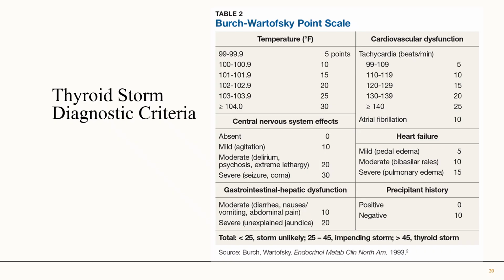We're looking for any kind of history, and the culmination of the points obtained from each section assessment results in a total that can either indicate if the thyroid storm is unlikely or if we should diagnose thyroid storm.